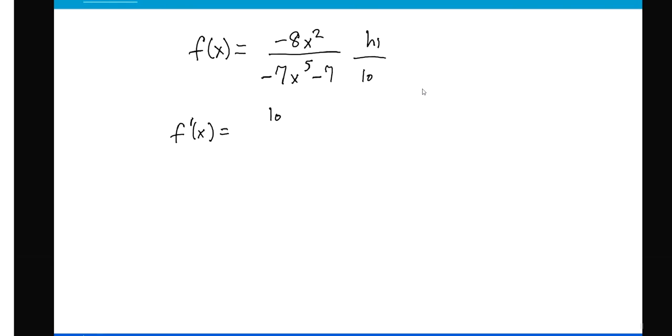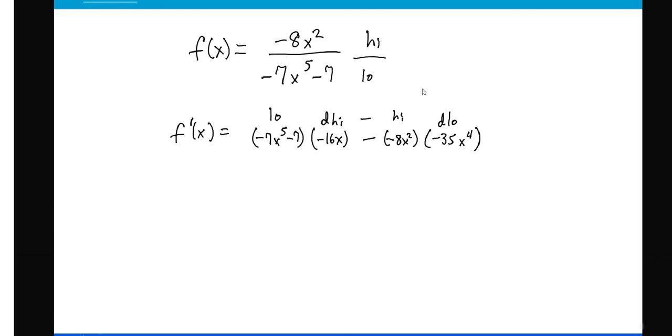So low is the bottom, negative 7x to the fifth minus 7 times the derivative of high. So the derivative of negative 8x squared, that's negative 16x, minus high, which is the top, negative 8x squared, times d low. The derivative of the bottom would be negative 35x to the fourth. Derivative of negative 7 is 0, so that's gone.